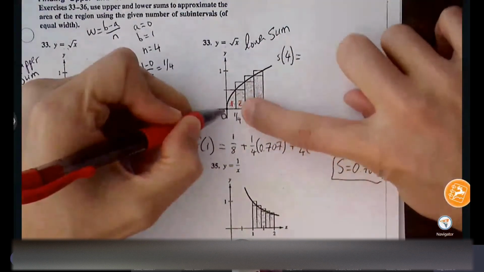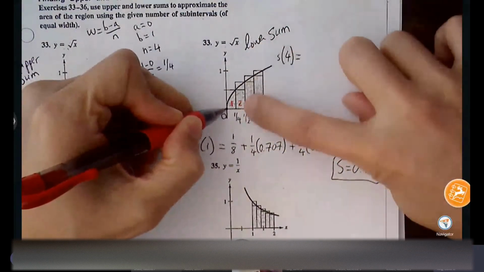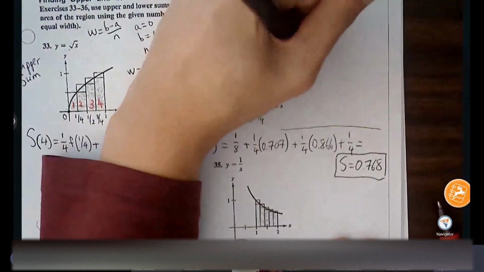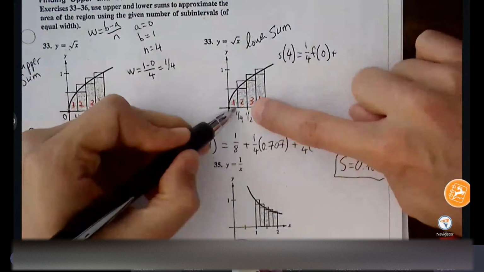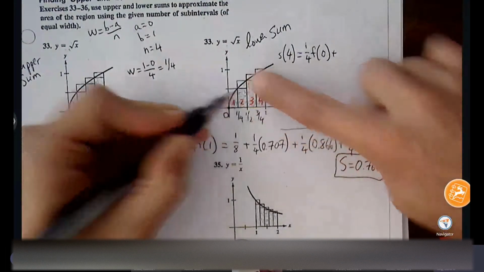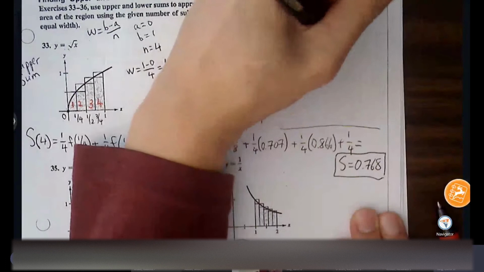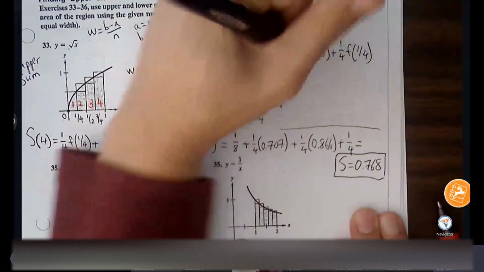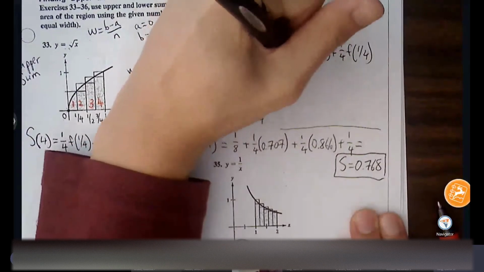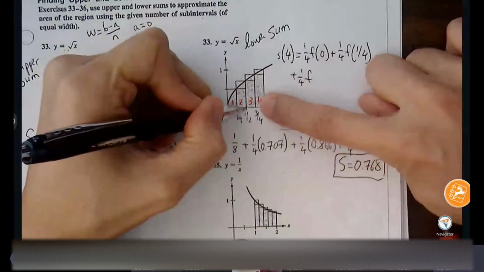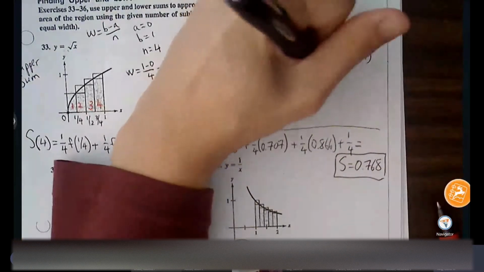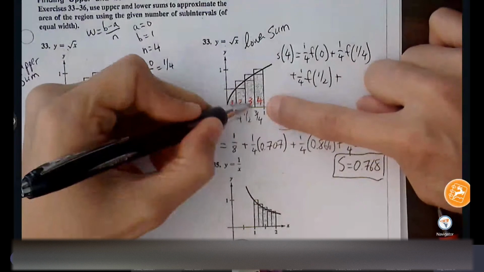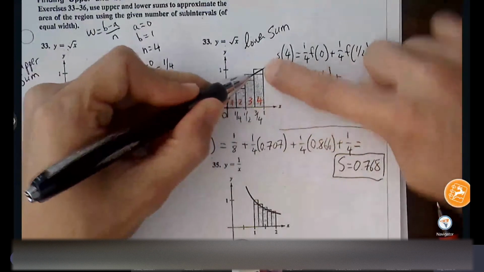So between f of 0 and f of 1/4, I want to choose the lower height. So f of 0 is going to be the first one. Between f of 1/4 and f of 1/2, I'll choose f of 1/4. Between f of 1/2 and f of 3/4, I'll choose f of 1/2. And then finally, choose f of 3/4 over f of 1.